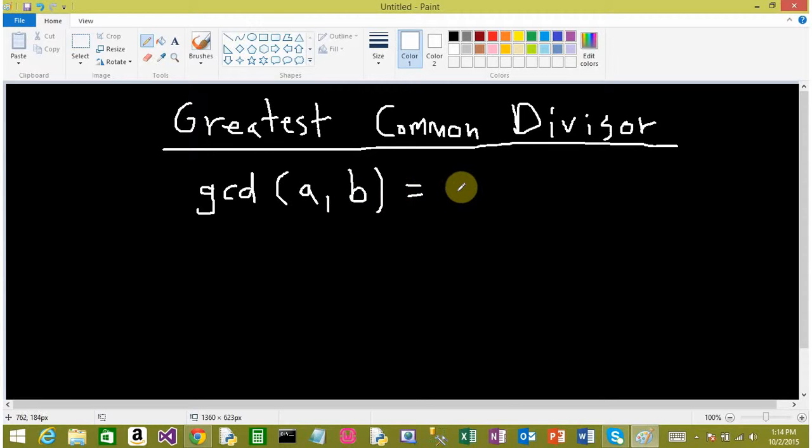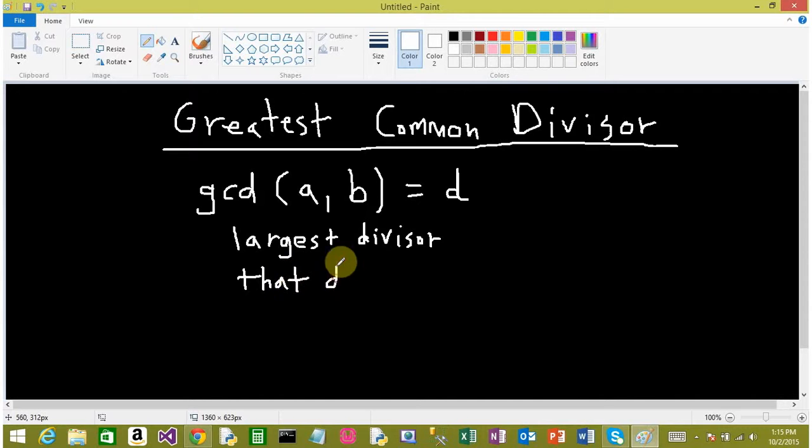And we say that that's equal to D. And that means that this value of D, the greatest common divisor, is the largest divisor that divides both A and B.